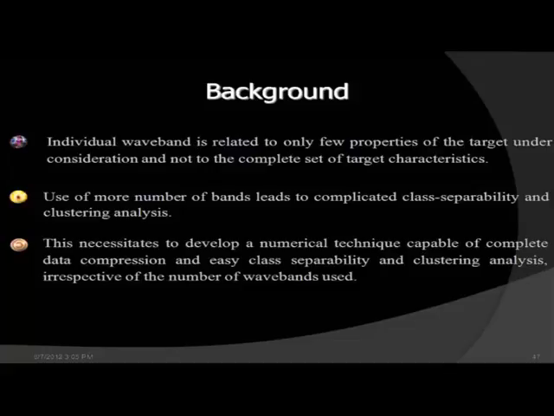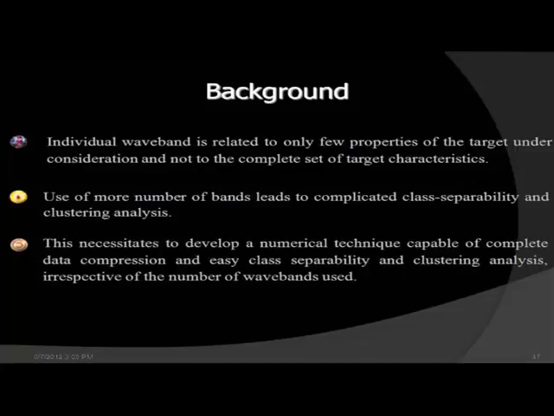But you need to have more number of bands so that your information content is more. So with that, we could develop a numerical technique by which one can compress all this data collected in different bands, which will be easy for clustering analysis and class separability, irrespective of the number of bands used.